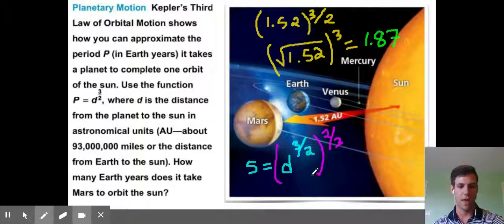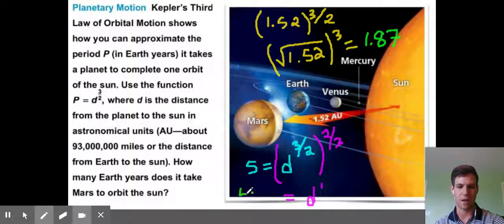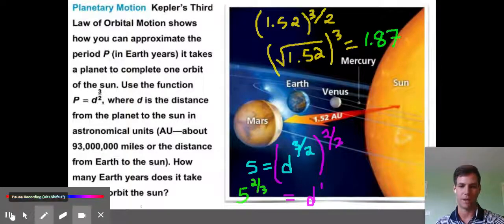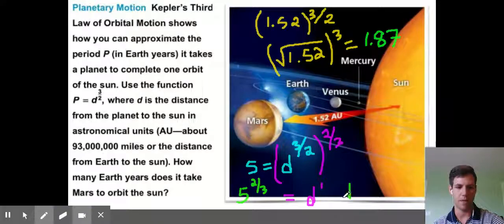So we'd end up with d to the first power. So now if I wanted to do that to both sides, all I would need to do is 5 to the 2/3 power in my calculator to find my answer. And so you end up with d being equal to about 2.92.